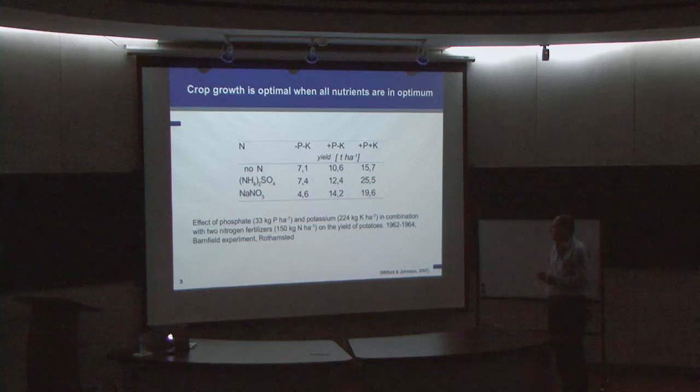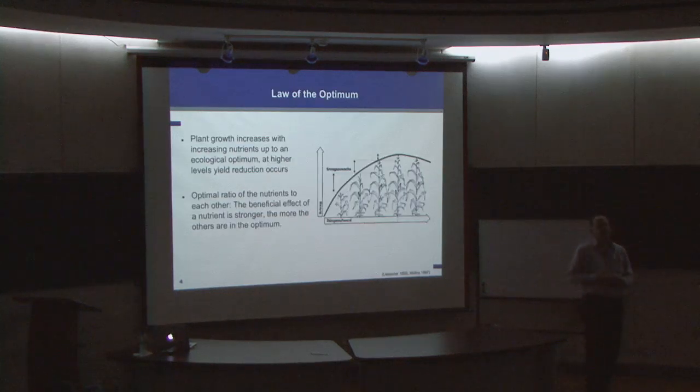So of course now it's difficult to really decide what is the real optimal level and how can we adjust fertilization in a way that the plants really have the optimal level. And therefore we have to know that when you look at the yield and the fertilizer application, you first get an increase of yield.